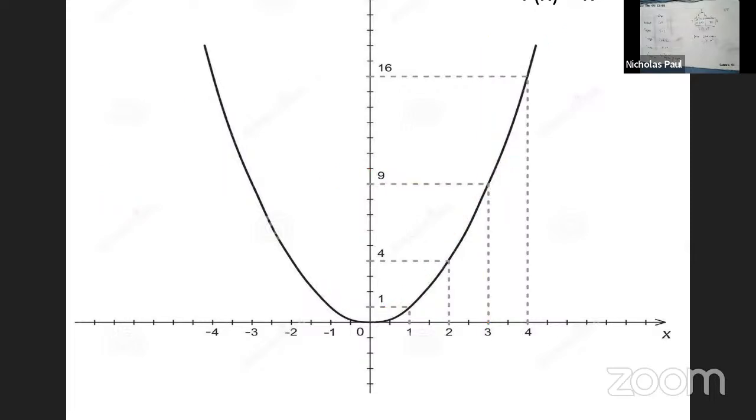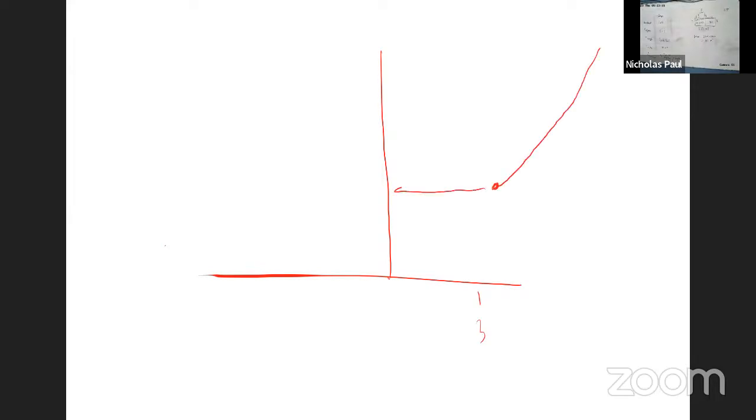Watch it here again. Let me take off this graph here. If I approach the function, when I reach 3, I could come across here and check what y value it is. That y value is 9. If I approach the function from the left-hand side, I reach the same y value, which is 9.